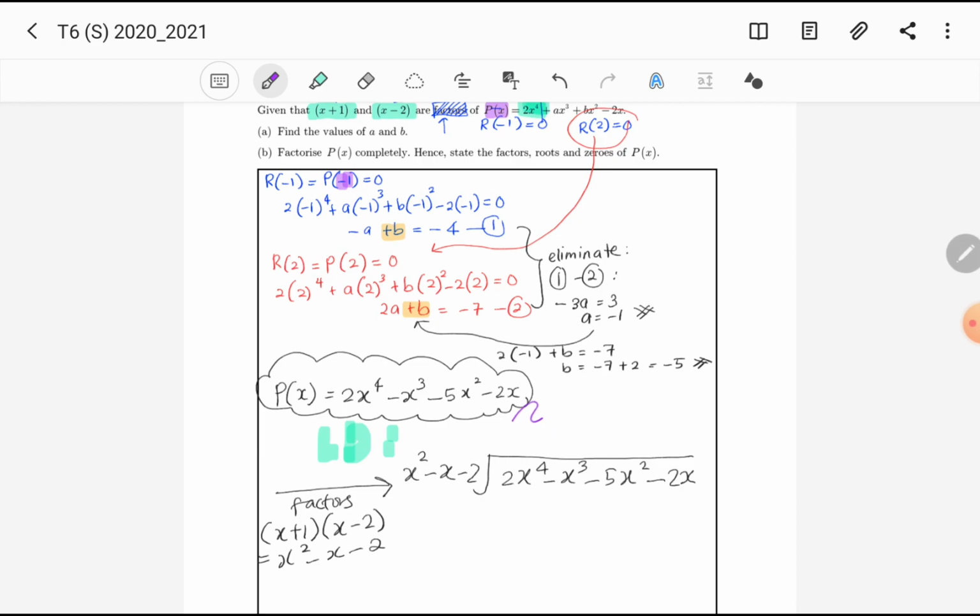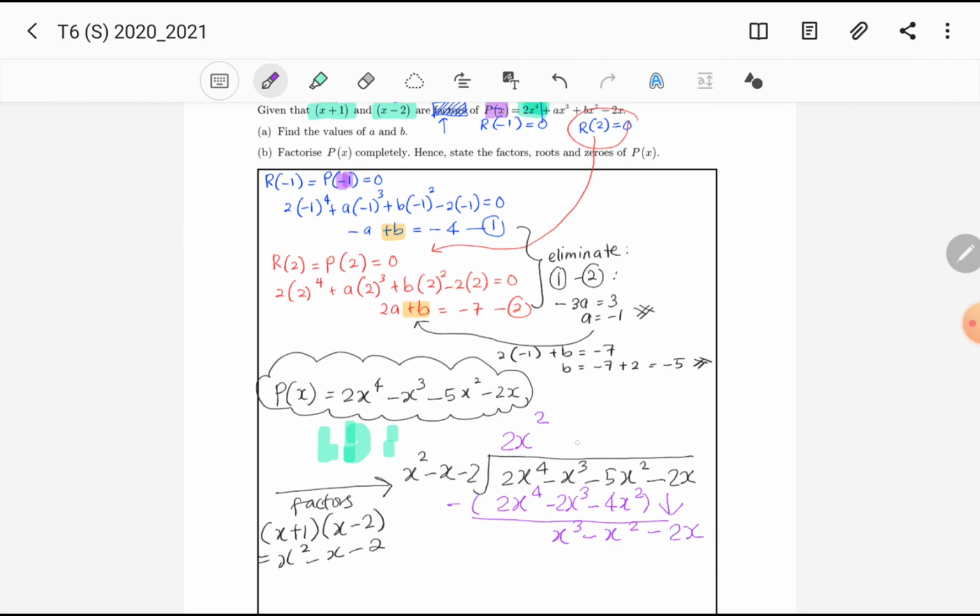Okay. So we use long division, so we will get 2x squared. So next, darab 2x squared dengan divisor. So we will get 2x power of 4 minus 2x cubed minus 4x squared. So you subtract. So you akan dapat x cubed minus x squared and then bring down negative 2x.